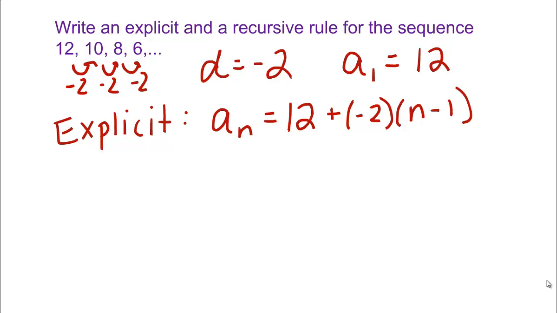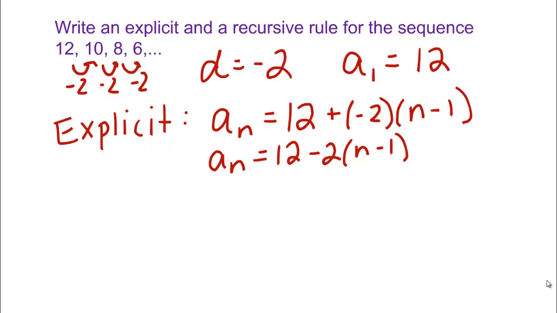Now, plus a negative, that's just subtraction. It's fine to leave it in this form, but I know that I might have to do something with this. If I have to, I don't know, maybe plug in a little bit later, it might be nice to have this in a little bit more simplified form.